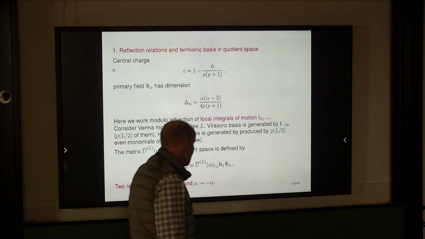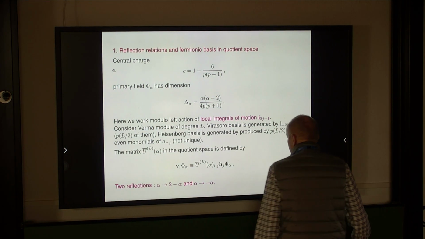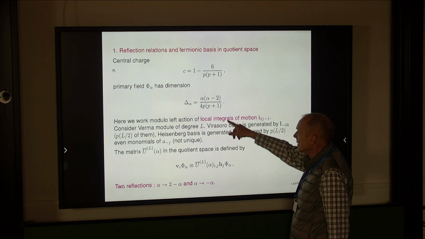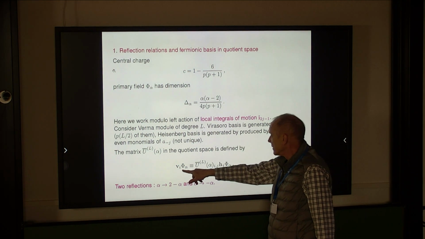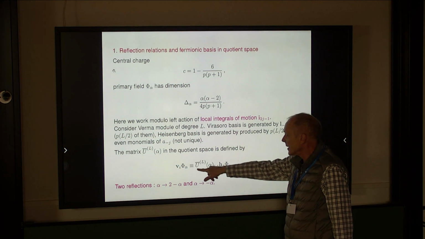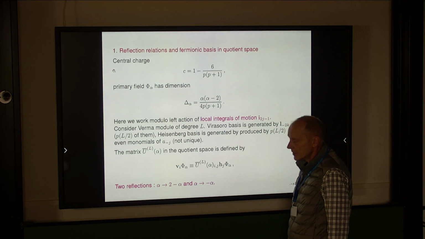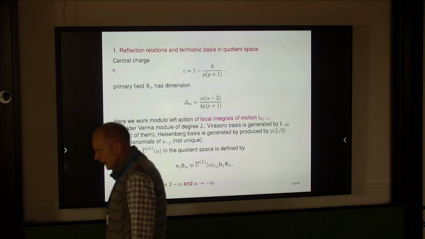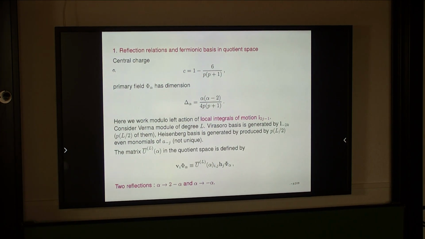And then the reflection relations. We have these Virasoro vectors, V is for Virasoro, and we have Heisenberg, and we have a matrix.